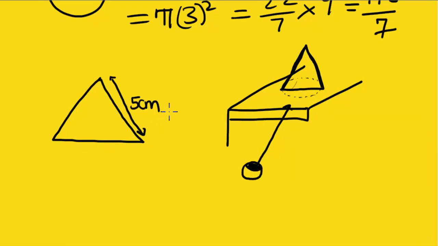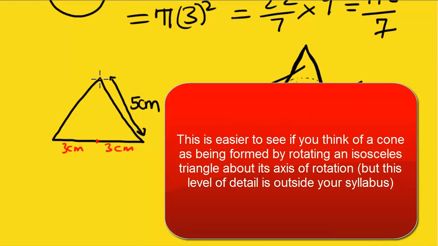The length of this bit, which I'll highlight in red, is equal to the diameter of the circle, and half of it is the radius. So half of this is the radius, which is 3, which means this is also 3 on the side.